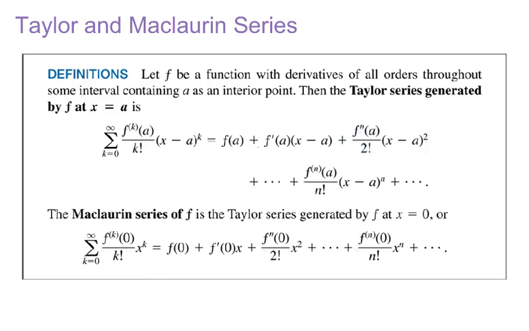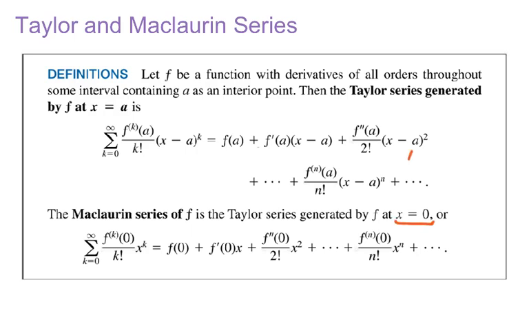So here's my nth term: some derivative evaluated at that point a, divided by the factorial of the same value of which derivative we've taken, and then x minus a raised to that nth power. The only thing that's different for our Maclaurin series is that it's at x equals 0.